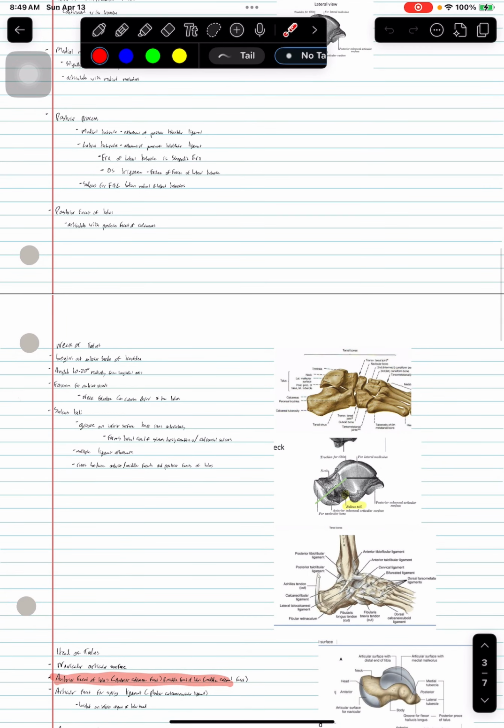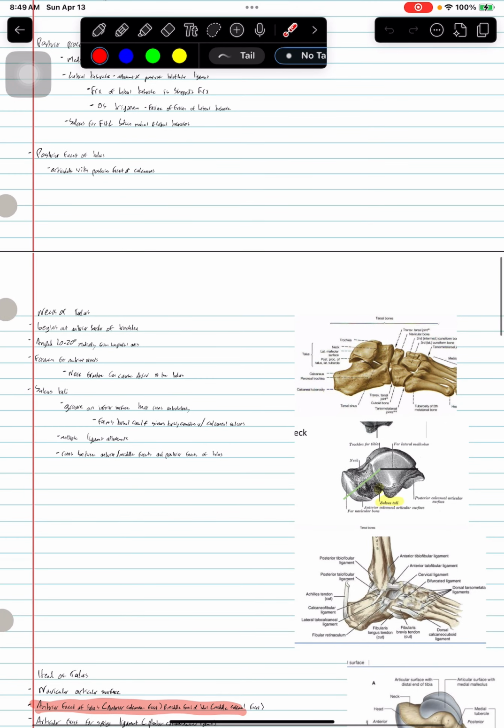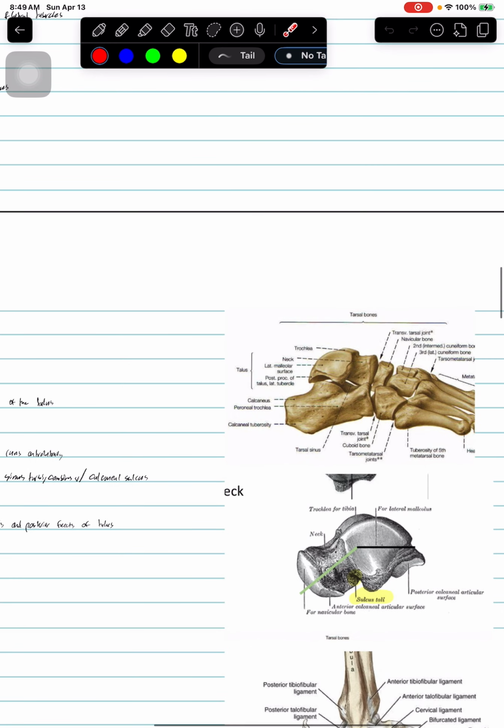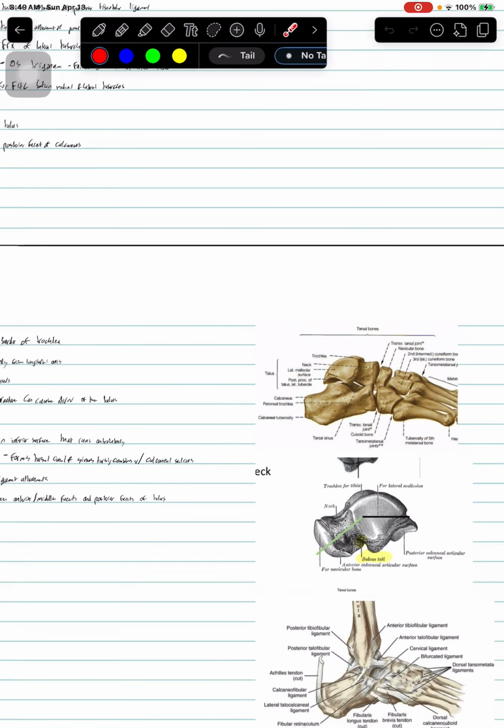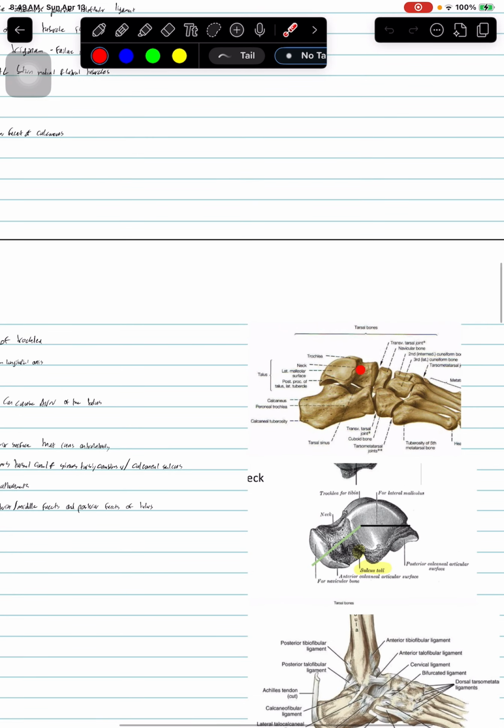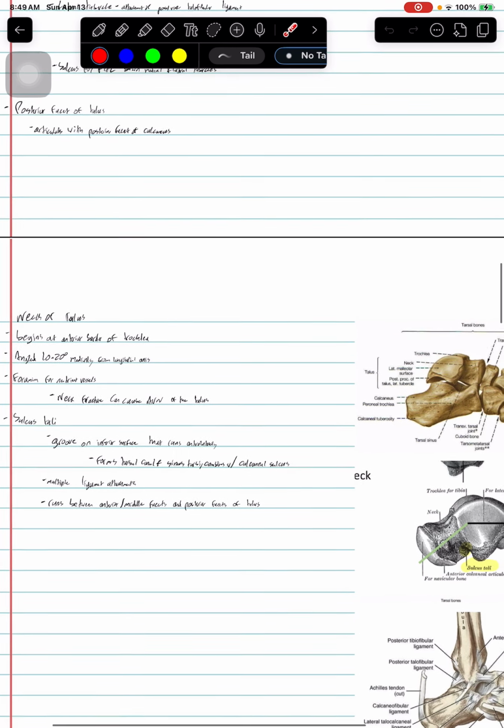And moving on, we have the neck of the talus. So the talus neck is going to begin at the anterior border of the trochlea. So right here, this is where the neck would begin. This is the main portion of the neck of the talus.